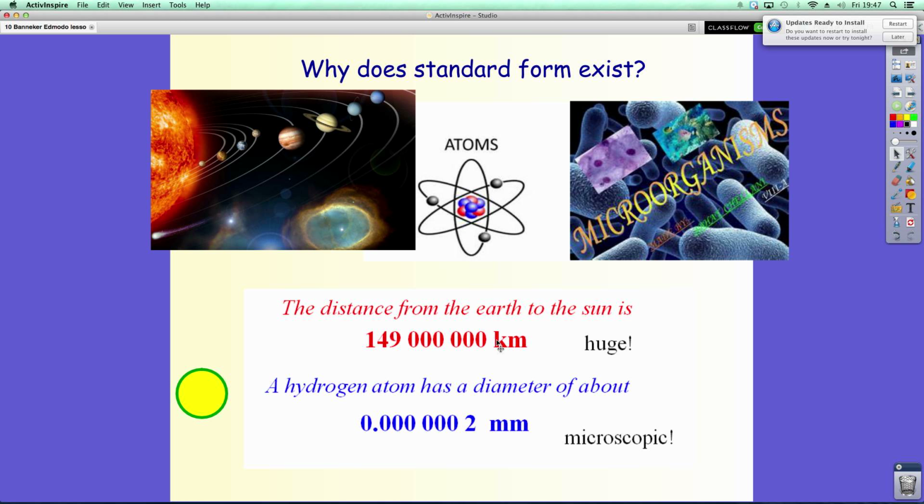So when we're calculating and using big or small values, if I was doing some calculations, rather than having to keep writing 149 million like that, I may choose to write it in a much simpler way, which is 1.49 times 10 to the power 1, 2, 3, 4, 5, 6, 7, 8.